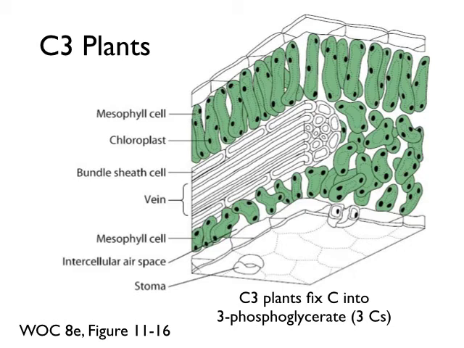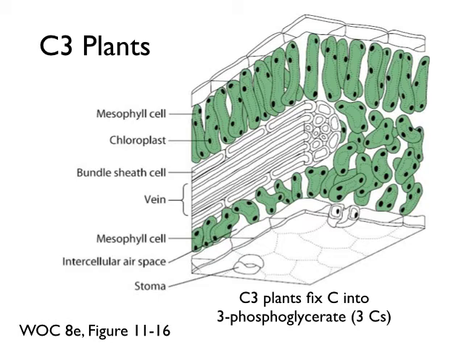A stoma is singular, has guard cells that can open and close and allow gases to enter the interior of the leaf, or they can be closed to prevent loss of water and other gases. So C3 plants do their photosynthesis in these mesophyll cells. And C3 plants are typically plants that are not dealing with water loss issues. So these are plants where water is plentiful. It's really not a problem for them to be able to respire frequently.